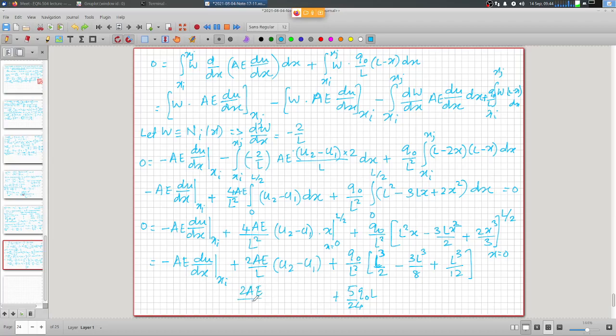A by L, u2 minus u1. Xi is equal to 0, so x is equal to 0.